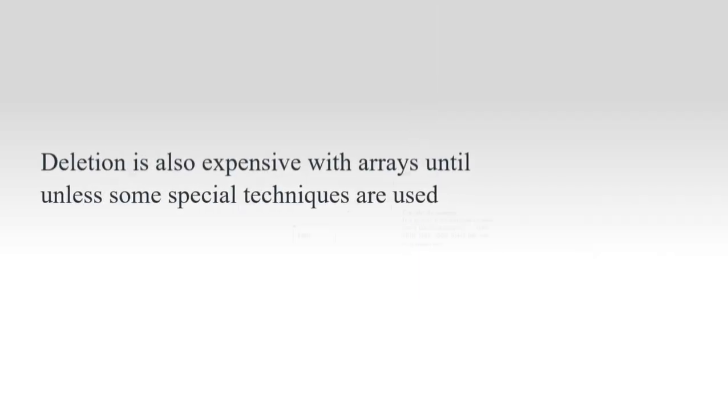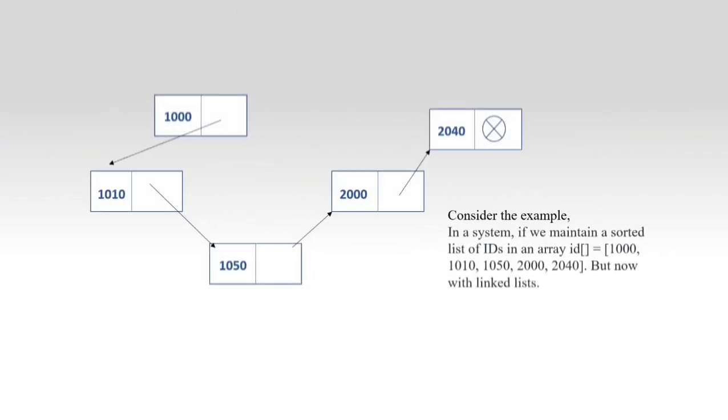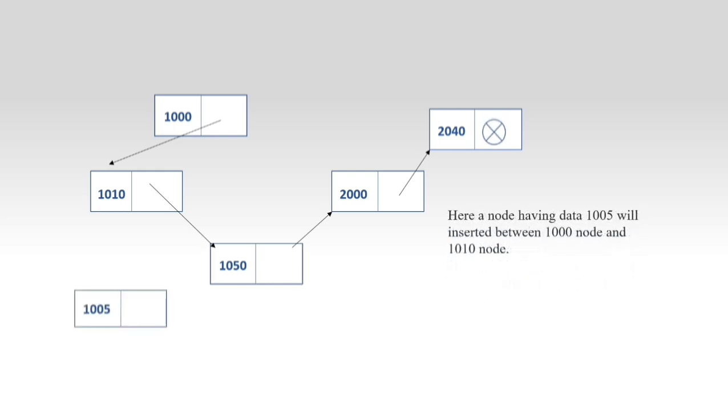Now consider the same example in a linked list and how this operation is performed. What we will do is create a new node so that we don't move any data from one node to another. All the nodes that already exist will remain the same. A new node is created, and the nodes 1000 and 1010 are the predecessor and successor of this new node.